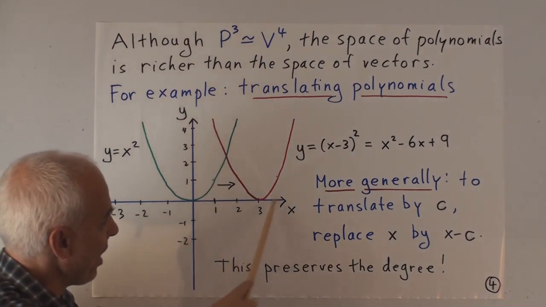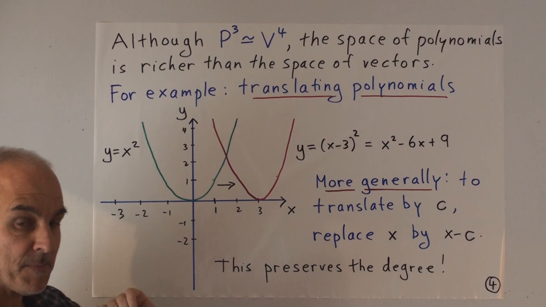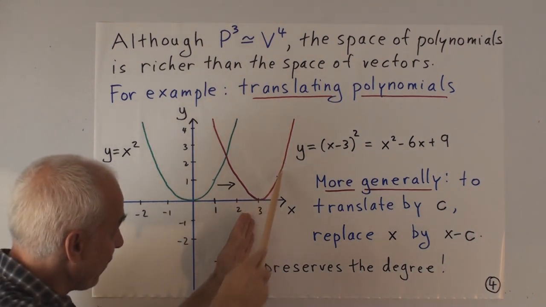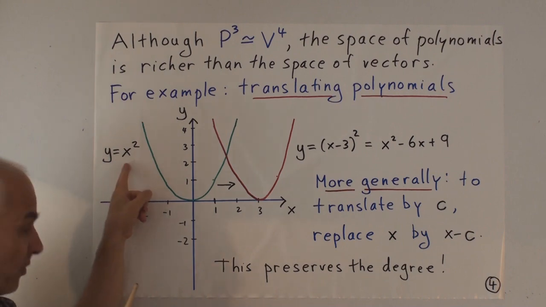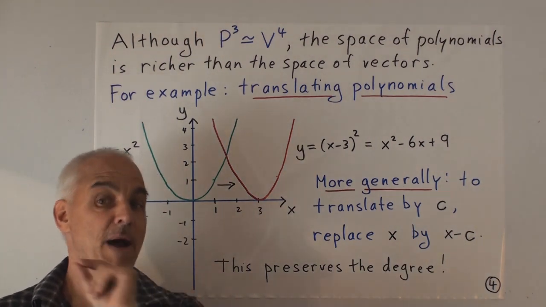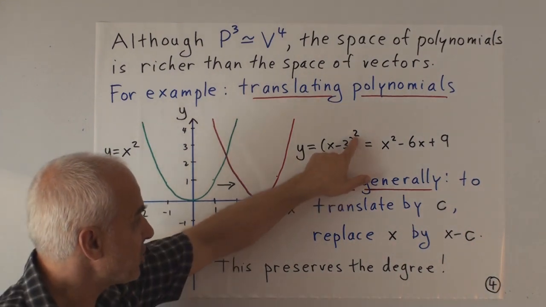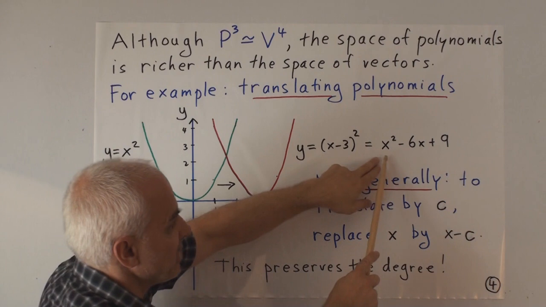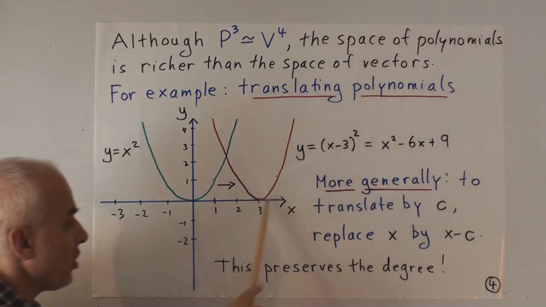What's the equation of this, by the way? So we're shifting to the right by 3. The way you get the equation of this one from the equation of the original is to take the equation of the original and replace x with x minus 3. So (x minus 3) squared, or if you want to expand it out, x squared minus 6x plus 9, is the equation of this graph.